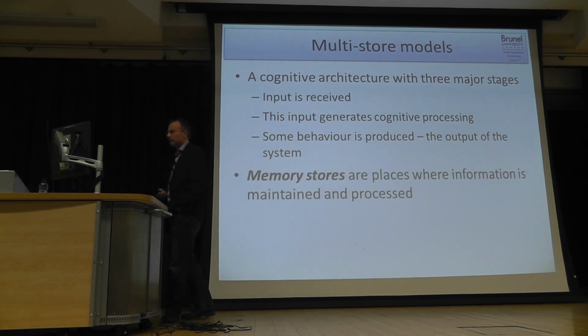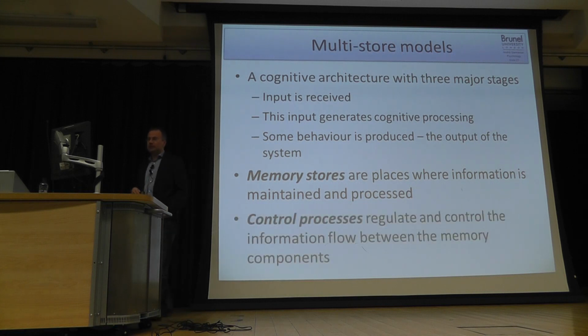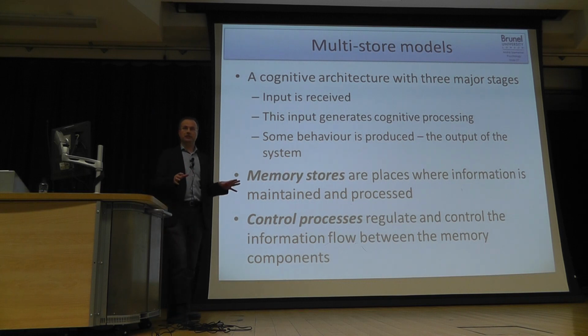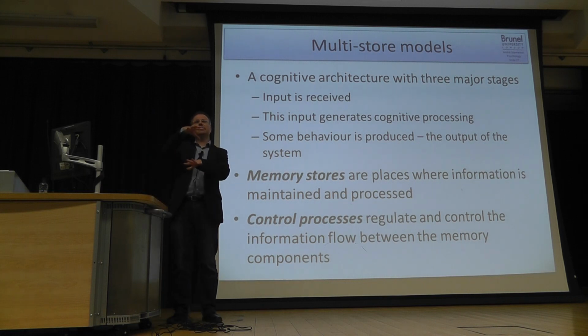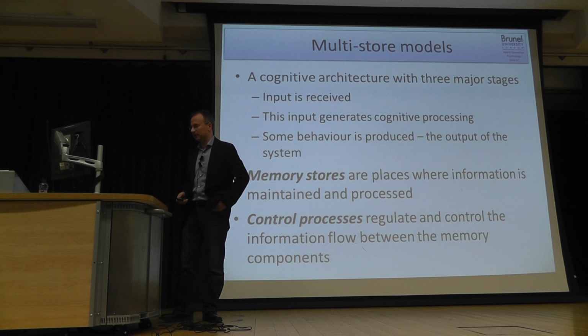And in their model, the memory stores are the places where information is maintained and processed. In addition to the memory stores, we will see we have control processes, which are kind of hierarchical above that and control the flow of information, where we put attention and things like that.